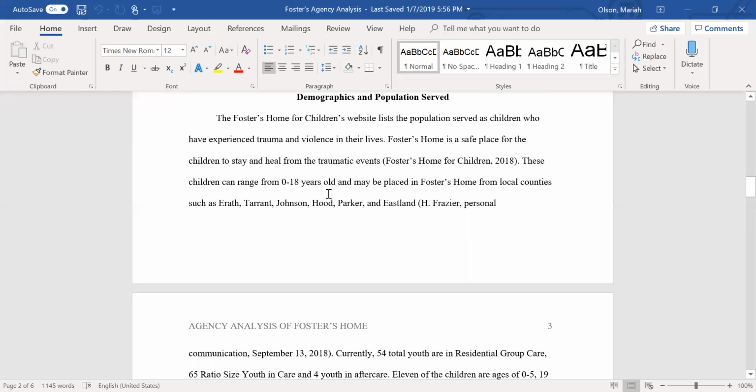Include the age ranges of the children, or adults if your agency works with adults, and where they are placed, where they can come from. Ours are placed from counties such as Erath, Tarrant, Johnson, Hood, Parker, and Eastland. But if yours are different, then make sure you include that. This information, again, will either come from a website or a pamphlet, or personal communication if your community partner tells you that information.